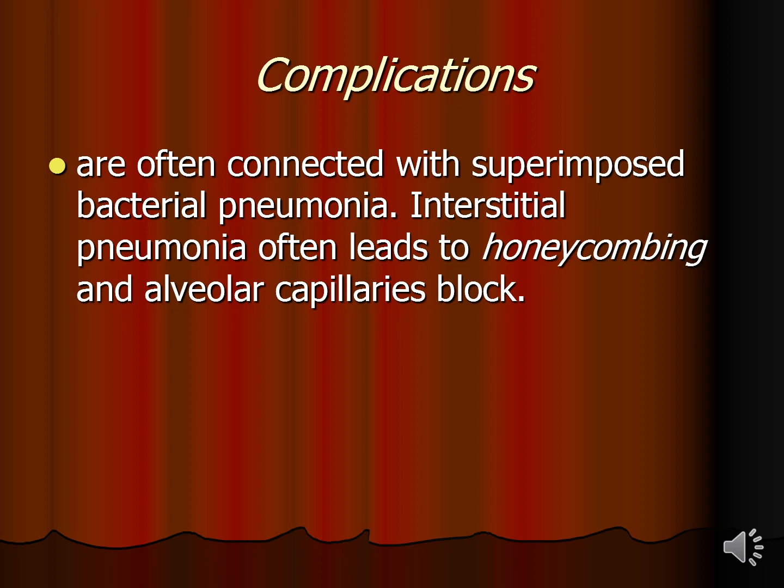If honeycomb is accompanied, as usually happens, with alveolar capillary block, we see hypertrophy of the right part of the heart, the right ventricle, and then with time the outcome could be insufficiency of the heart.